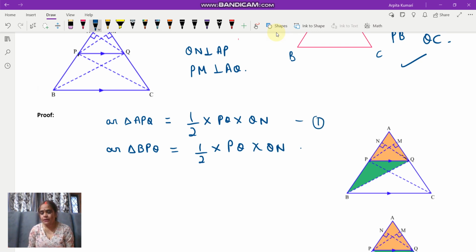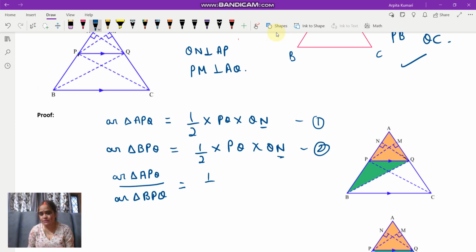Now taking the ratio of both the areas, that is area of triangle APQ and BPQ, as you can see the heights are the same.